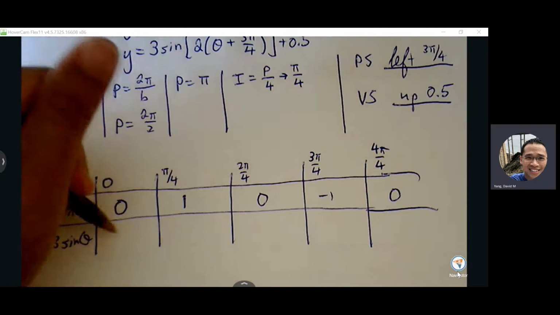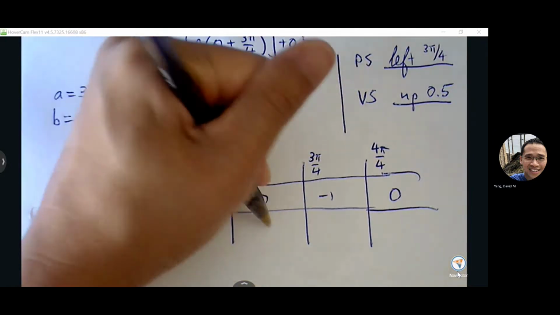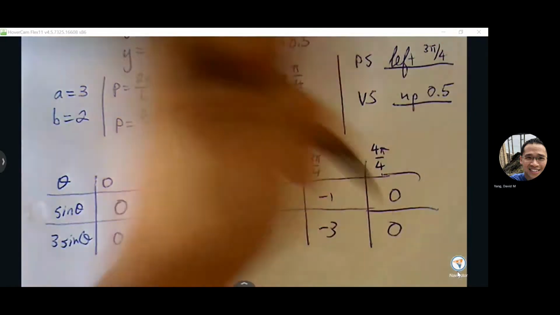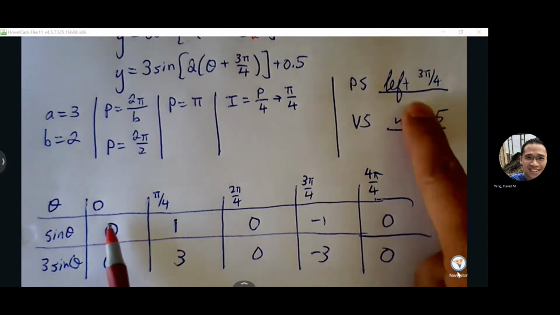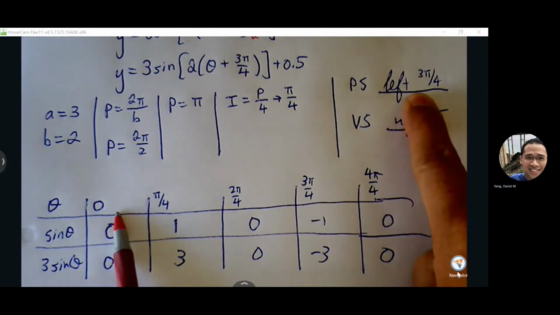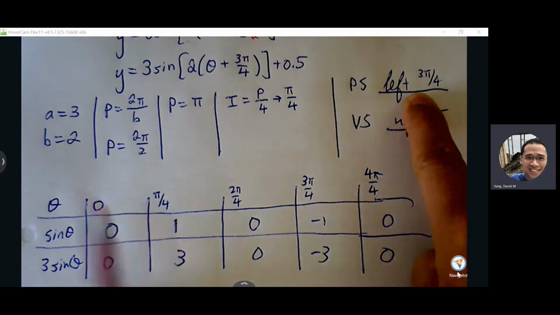Multiply by 3. Phase shift, left 3 pi over 4, so what would that look like in our table? Minus, yep.